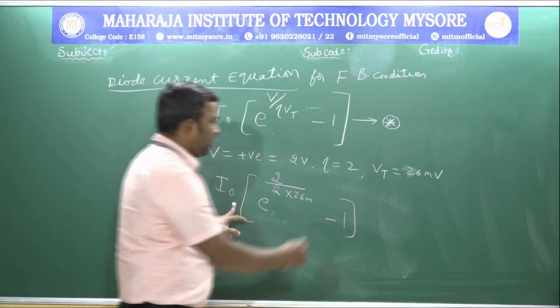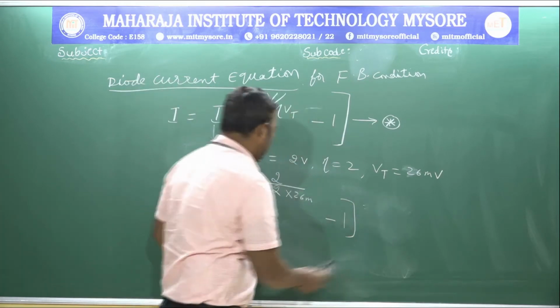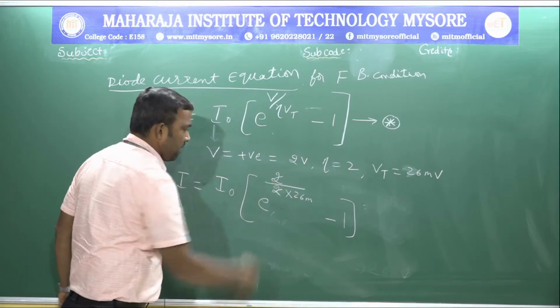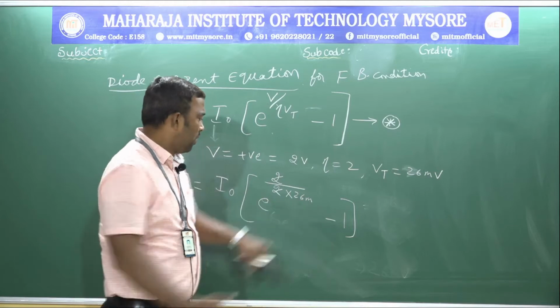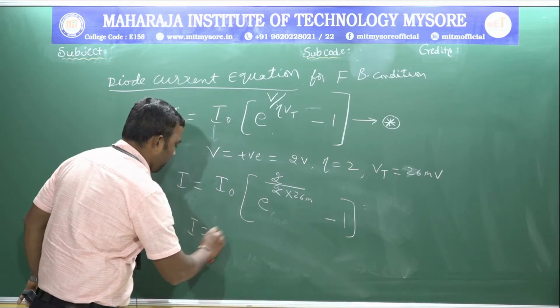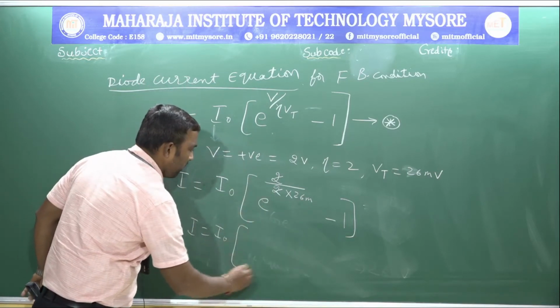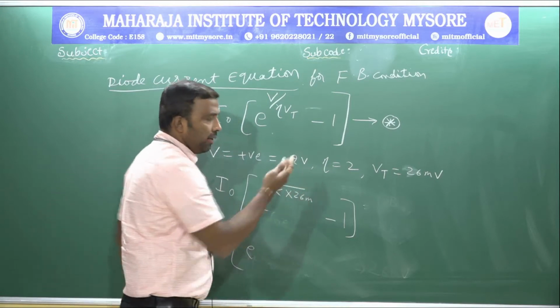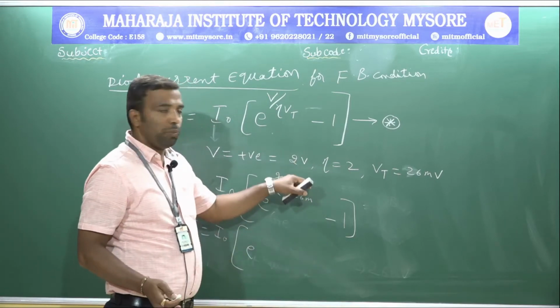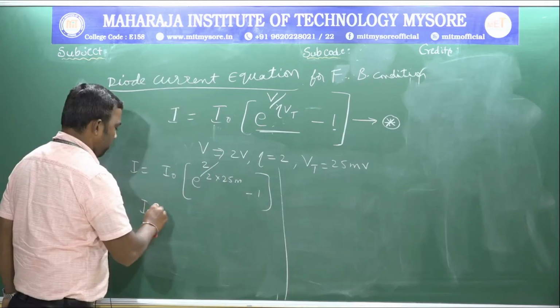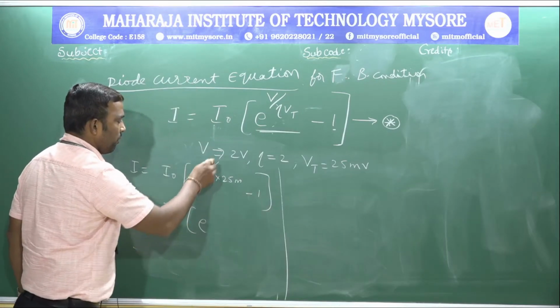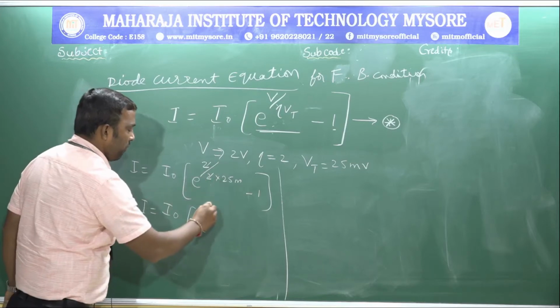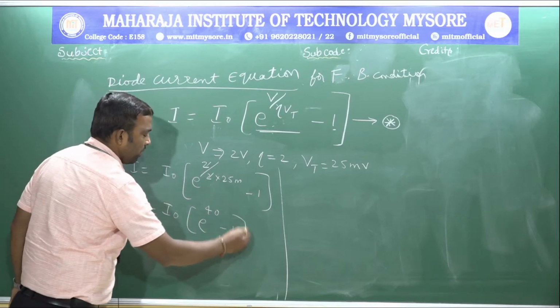By simplifying this, the 2 gets cancelled, and we have 26 millivolts. I can write this as I equal to I naught into e power, and the millivolts in the denominator go to the numerator and become 1000. The 2 gets cancelled, and it becomes approximately 40, minus 1.